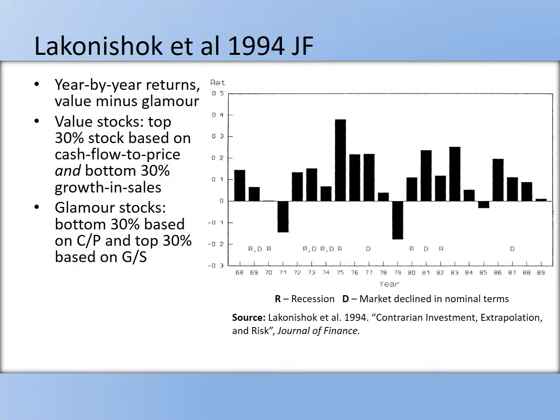Now the bars represent the difference between value stocks and glamour stocks throughout the years. And what do you see? Notice that the bars are mostly in the positive regions and rarely in the negative regions. In fact, there are only 3 years in this duration that they are in the negative region.